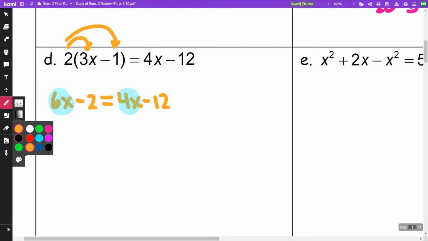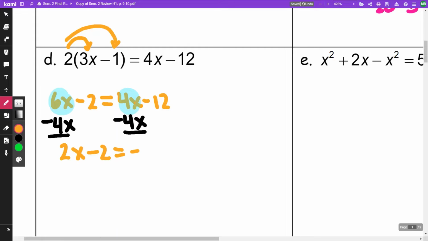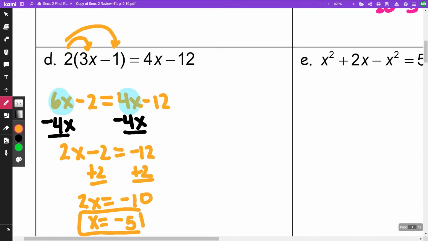So I'm going to deal with my x's first. I can either subtract 6x or subtract 4x. I'm going to subtract 4x. And I'm going to get 2x minus 2 is equal to negative 12. I am going to add 2 to both sides. I get 2x is equal to negative 10. I divide by 2, and I get x is equal to negative 5.